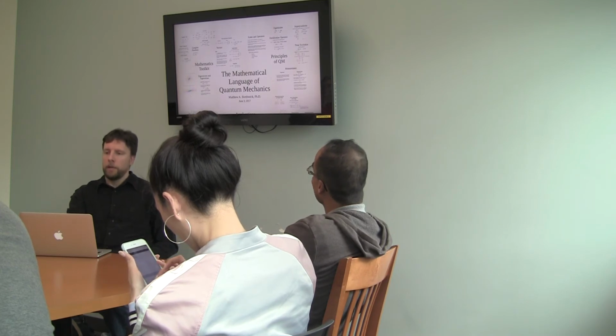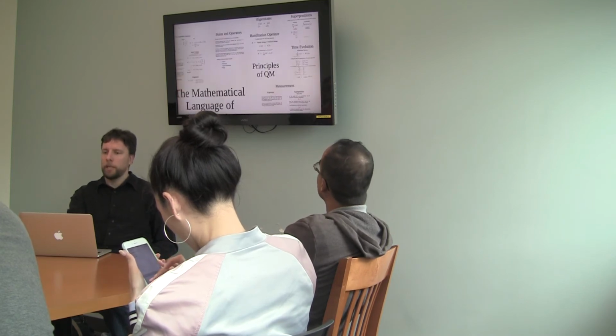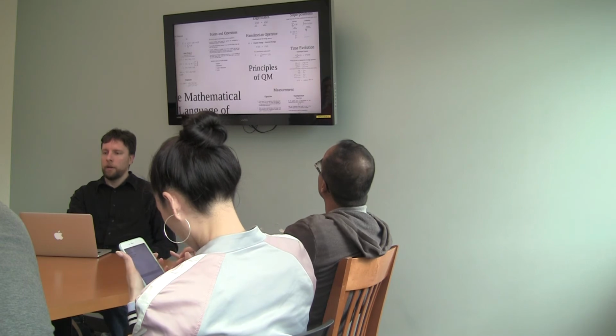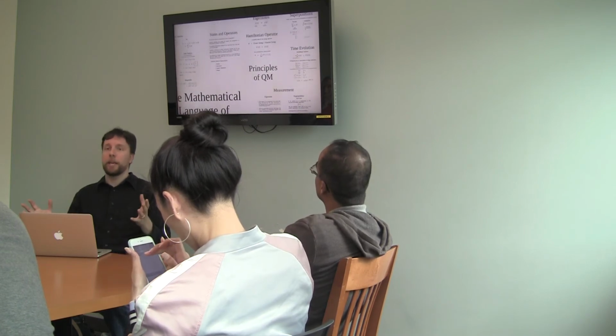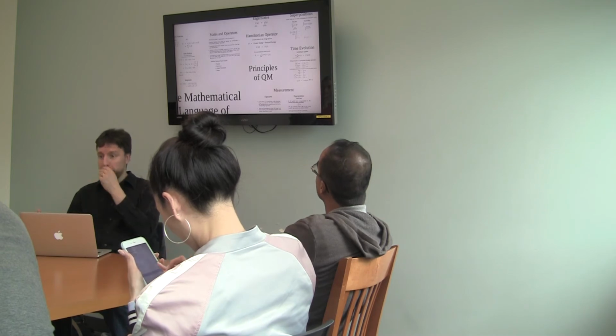Okay, so now we're going to get into quantum mechanics itself. Now, there are a lot of different notations for quantum mechanics, just like there are a lot of different notations for vectors. I'm going to show you one that's very common.